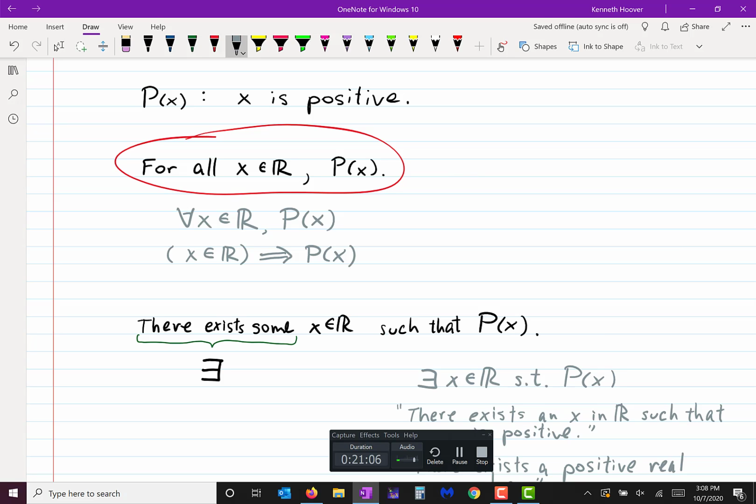Okay, so that's just good to remember. Every universal statement is also a conditional statement. It's not worded as a conditional statement, but it can be. That doesn't necessarily mean that every conditional statement can be worded as a universal statement. Not necessarily. Okay?